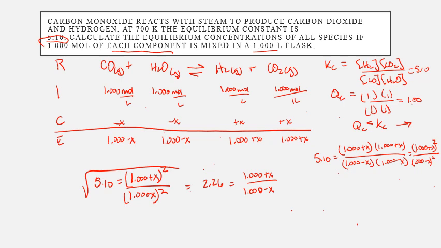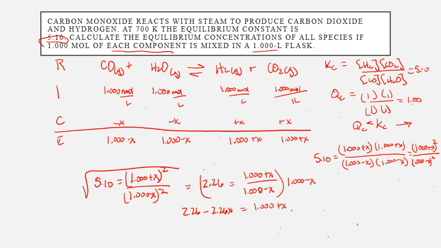So I can now multiply both sides of the equation by 1.000 minus x, and we end up with 2.26 minus 2.26x equals 1.000 plus x.